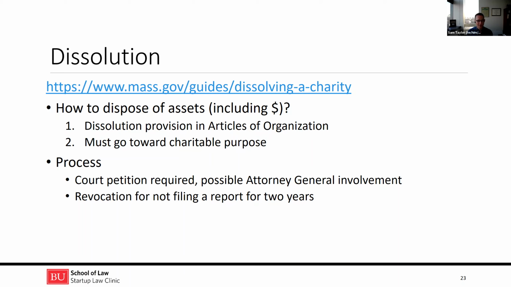In terms of the actual process of winding down, in Massachusetts, and in a lot of states, a court petition is required to wind down and close up the nonprofit. We've done this for a number of our clients before. Basically, you go to the court and say, hey, we need to wind down. And the judge will either say, okay, I've seen enough information about the status of your assets, and you're officially allowed to wind down.